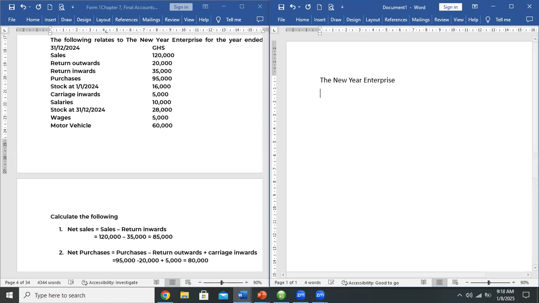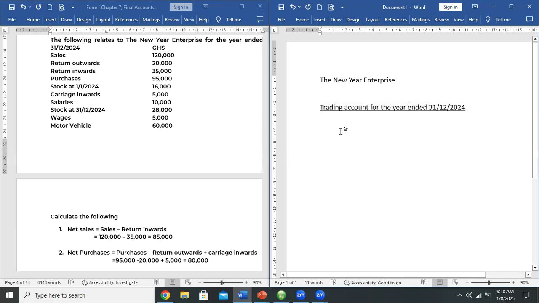Okay, we are preparing the trading account for the year ended 31st December 2024. So that's the title. You write it beautifully as well. You underline it.